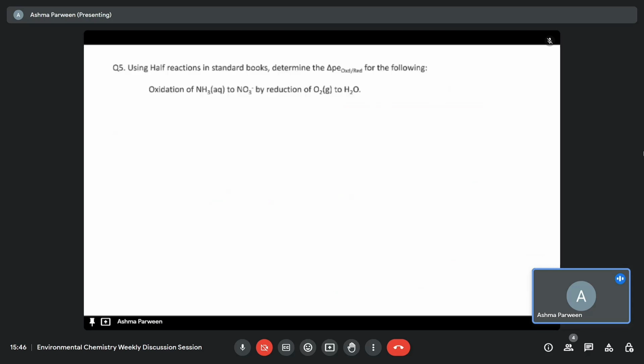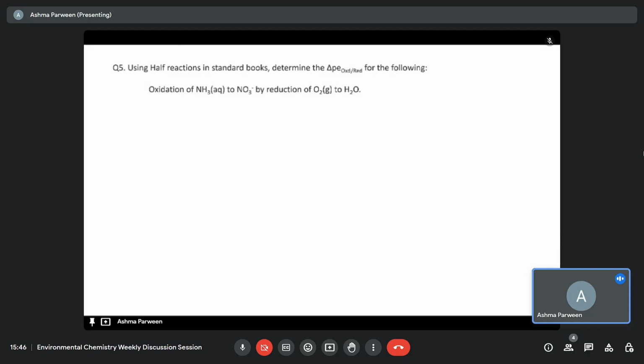So let's move to the fifth question. The question is: using half reactions in standard books, determine the pE for the following oxidation of ammonia aqueous to nitrate by reduction of oxygen to H2O.